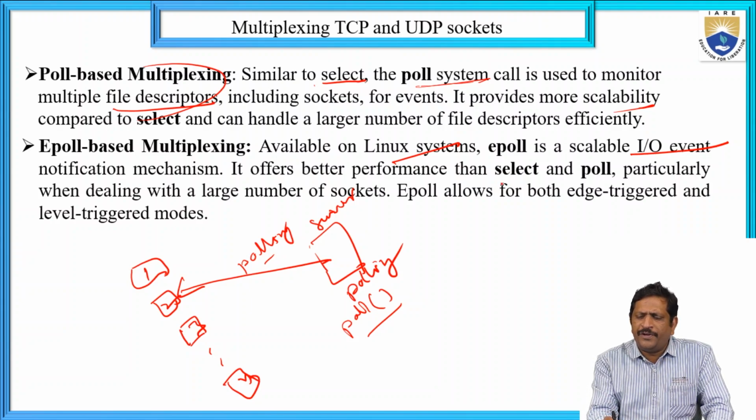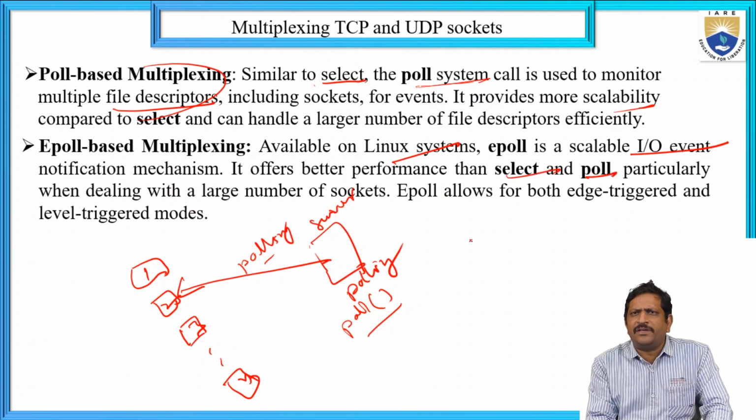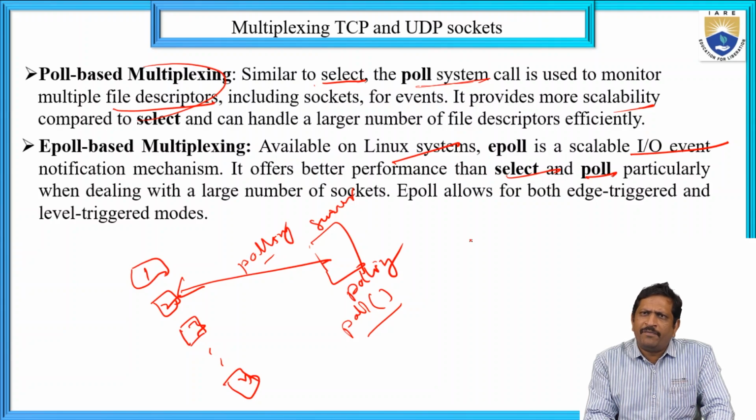If you take select and poll, these can be utilized in a simple network. The performance is much less than the epoll system call. Why? Because epoll is used in highly complicated networking systems, and select and poll can be utilized in simple networking.